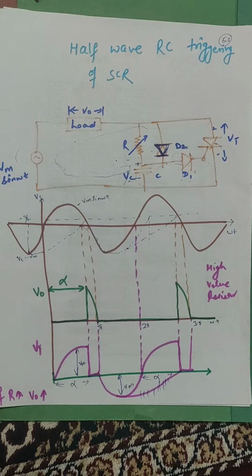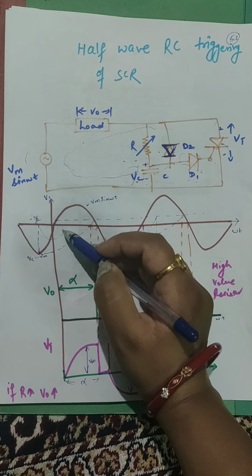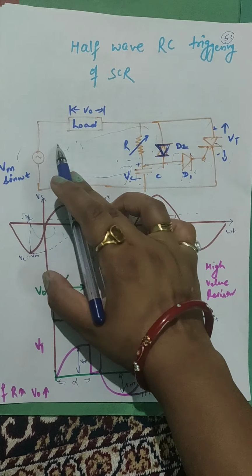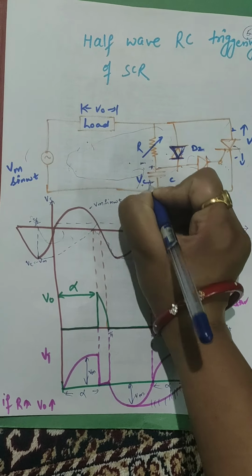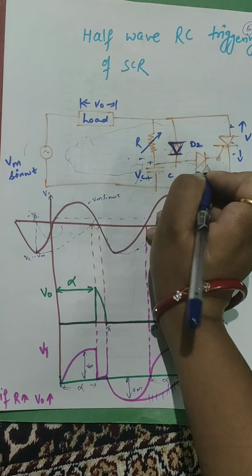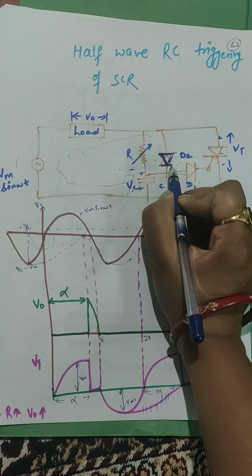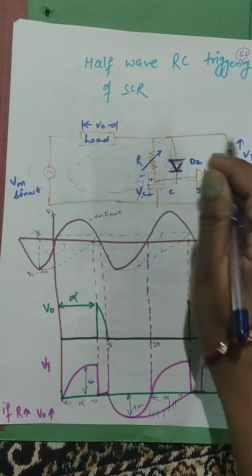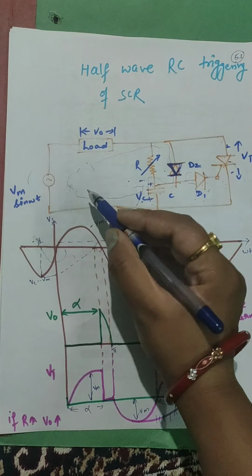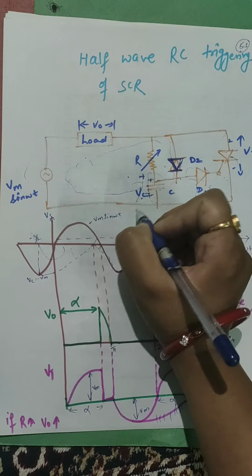So here is the waveform. For the negative half cycle, the capacitor will be charged with negative and positive polarity. D1 will be reverse biased and D2 will be forward biased, so current will flow like this and we are not able to get the voltage. For the positive half cycle, the polarity will be like this.